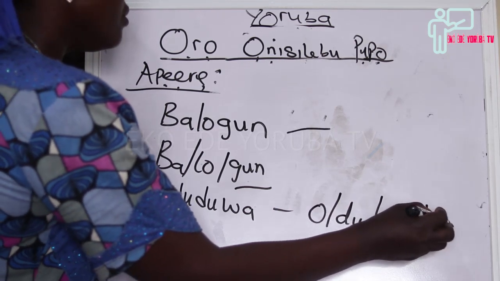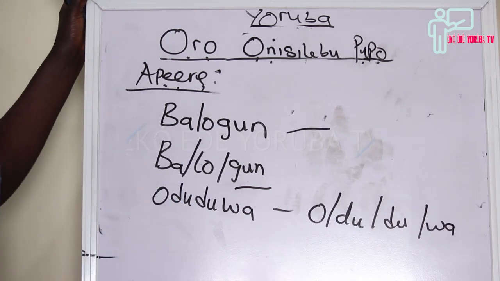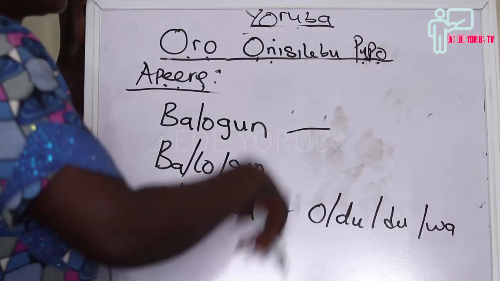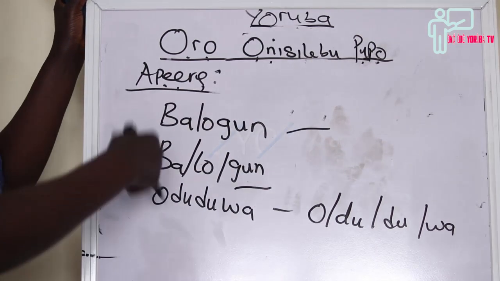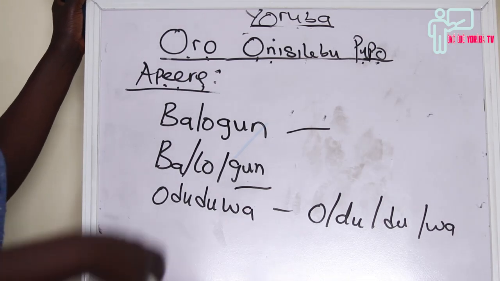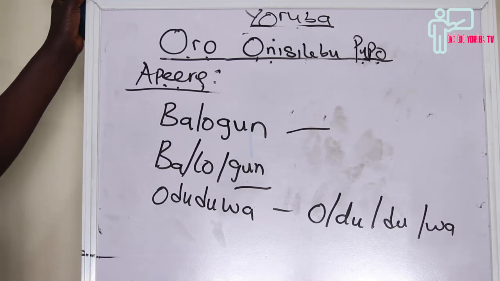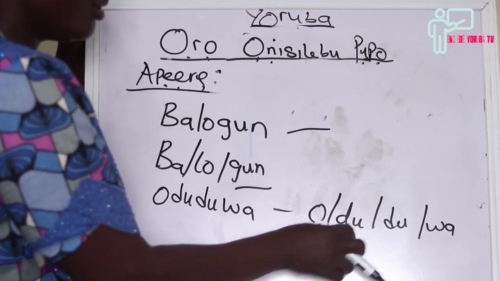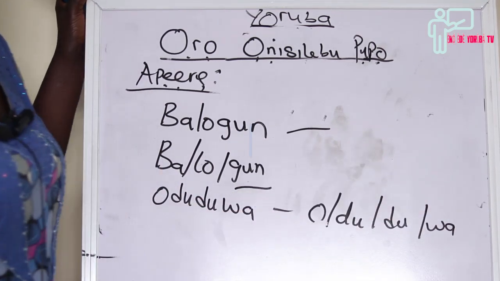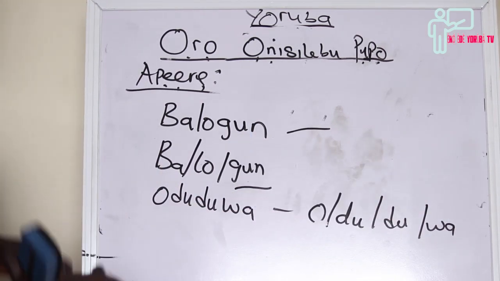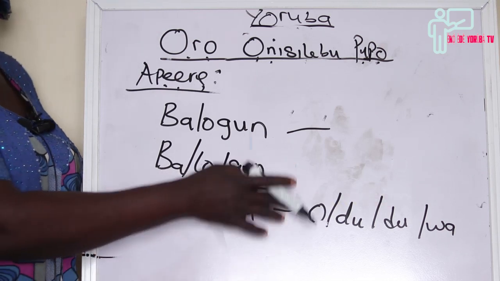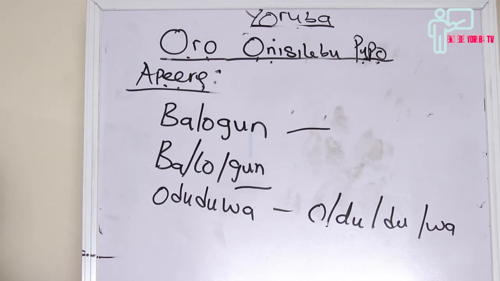Oduduwa. Oduduwa is one of the eldest persons in Yoruba land. The heroes, one of the heroes. So Oduduwa. So it's a 4 syllable.